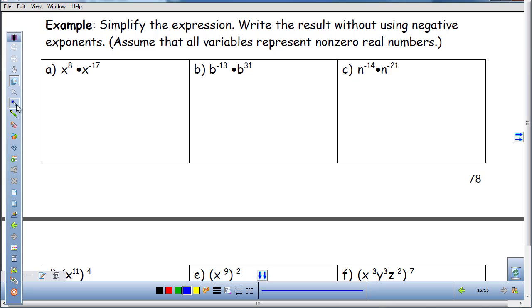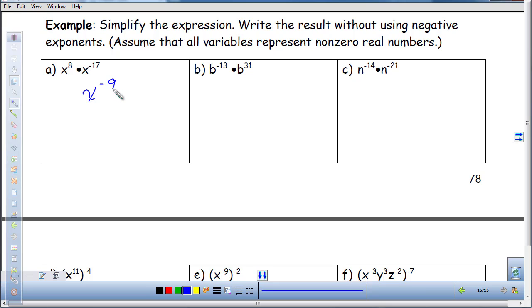So here we have x to the 8th times x to the negative 17. What do we do with the exponents? Add them. Okay, when we have a product and the bases are the same, we add the exponents. So we get x to the negative 9. Is that right?